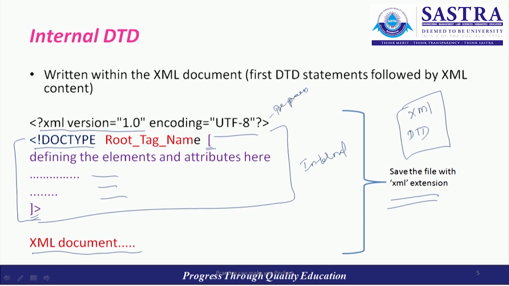After this, we have to start writing the XML document. This XML document has a root tag. This root tag should match the root tag we have given in the doctype. The doctype is document type, DOCTYPE. It should be in capital letters along with the exclamation symbol.